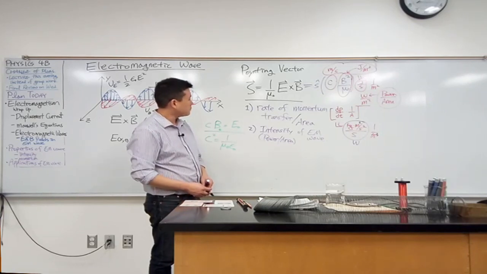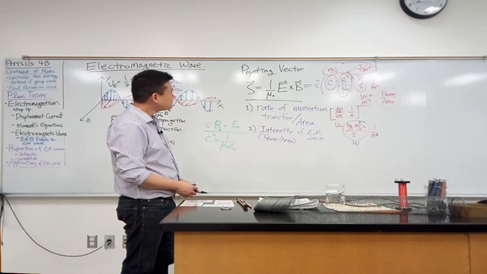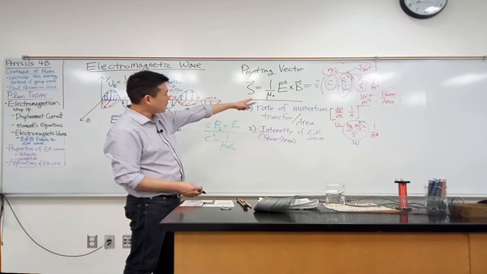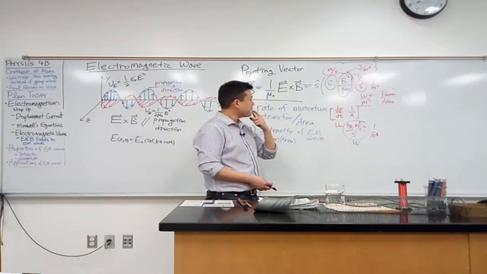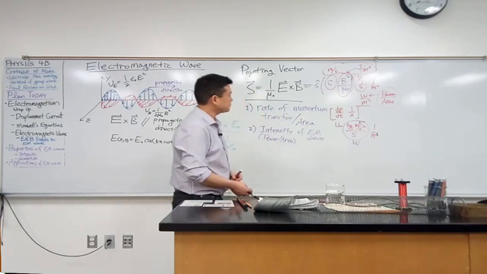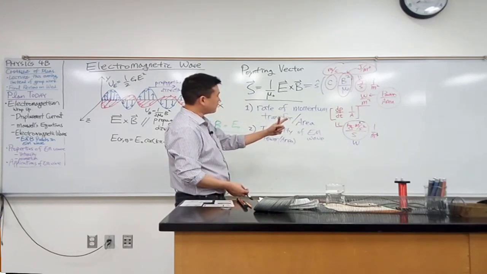Oh, I see, wait. Per volume? Yeah, so rate of momentum transfer per area doesn't have correct units. I don't want to say rate of momentum transfer per volume either.